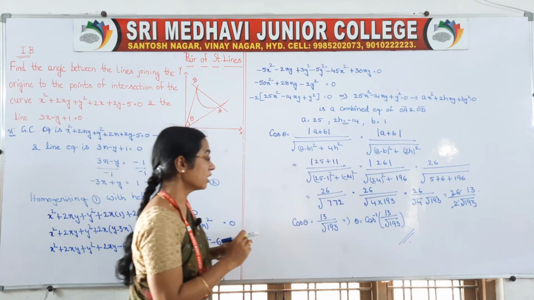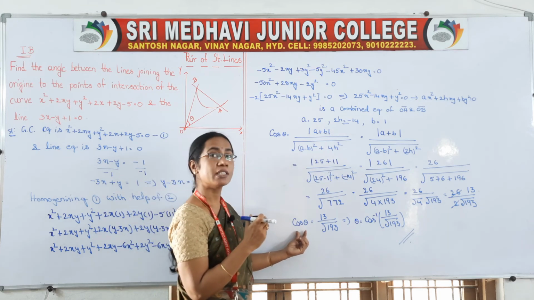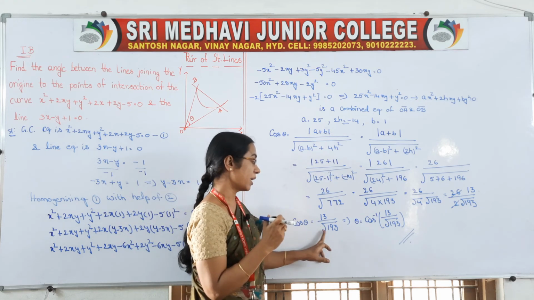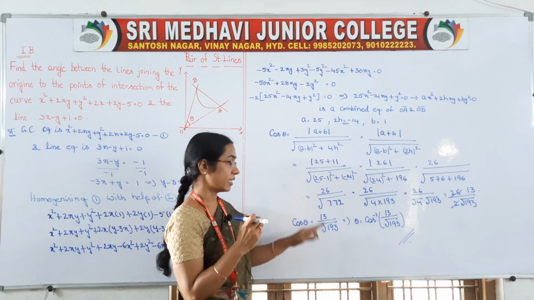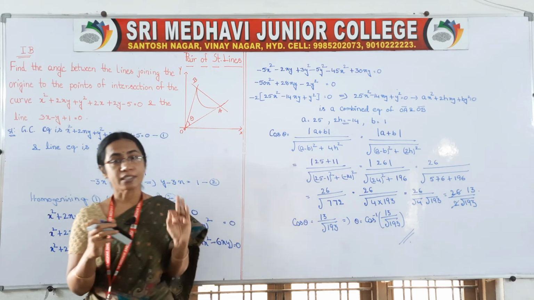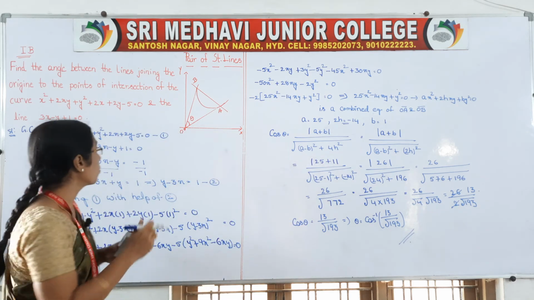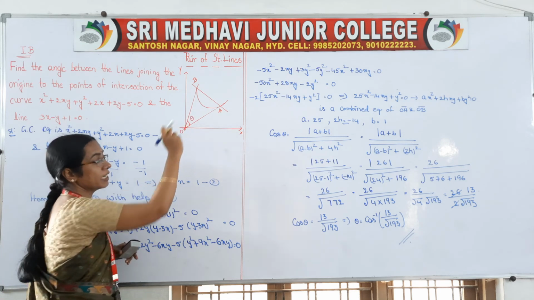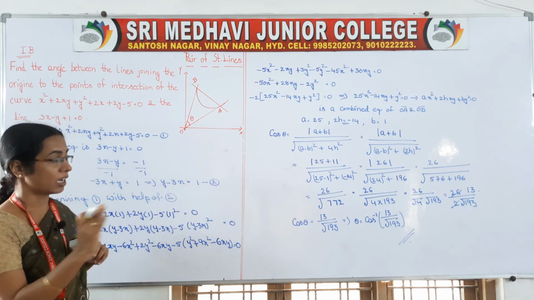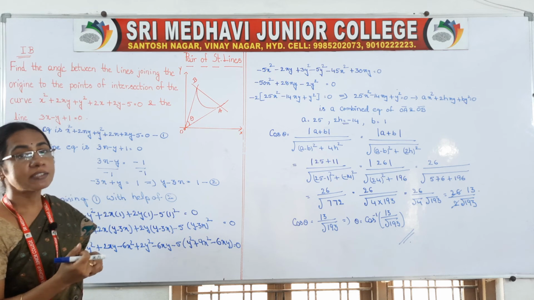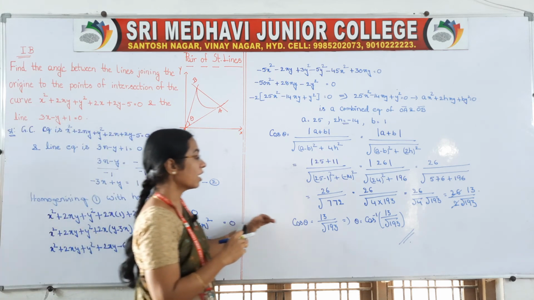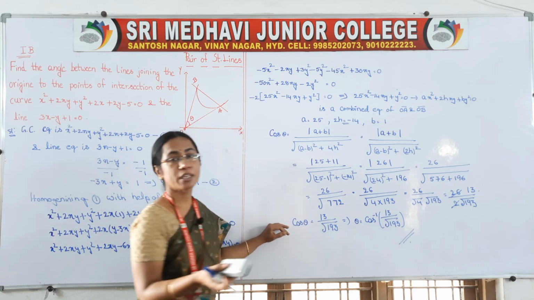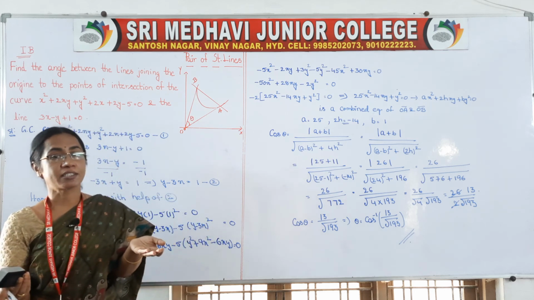Okay. So after that you get cos theta is equal to 13 by root 193, and as I said, angle means theta. The angle between OA and OB is theta that we want, not cos theta. So send this cos to that side. Suppose we got cos theta is equal to 1 by 2, right? We can write theta is equal to 60.